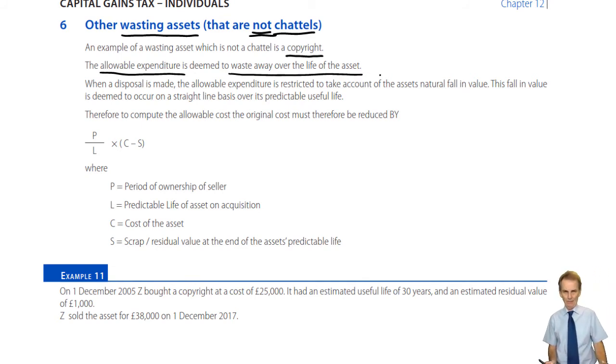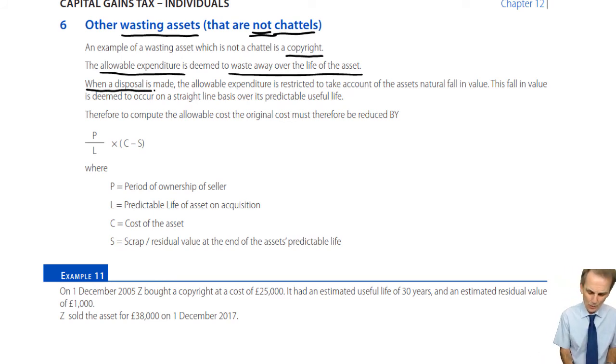Here with this type, something like a copyright there, we will deem the cost to waste away on a straight line basis, so that when a disposal is made, the allowable expenditure is restricted to take account of the asset's natural fall in value.